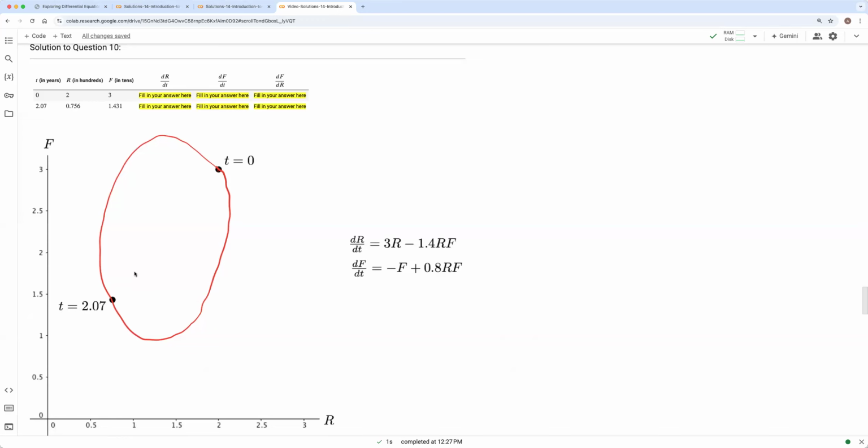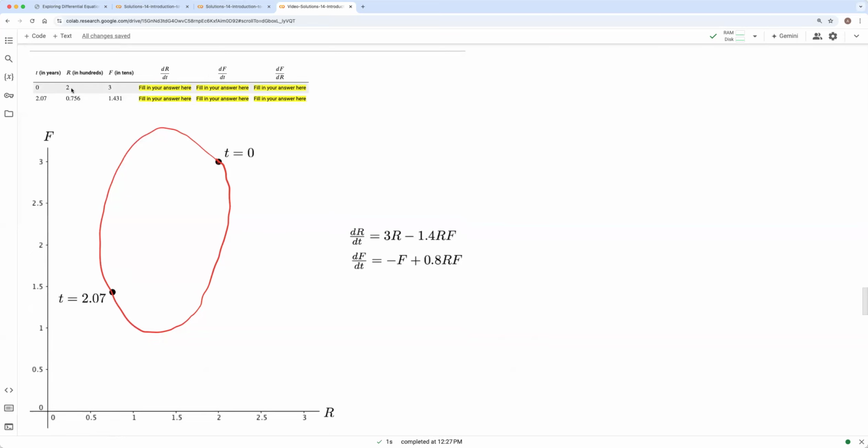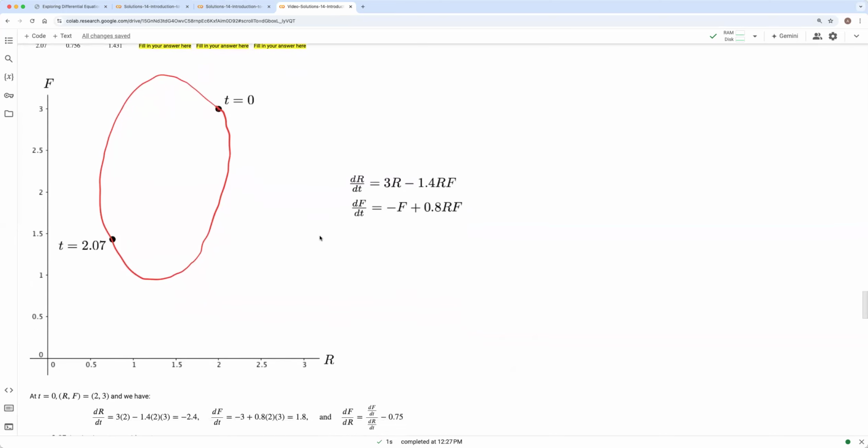And those directions we can get by looking at the signs of the various slopes, dR/dt, dF/dt, and dF/dR. So given an initial condition at time 0, I'm at 2, 3, I can use the formulas for the differential equations to calculate the values of dR/dt and dF/dt.